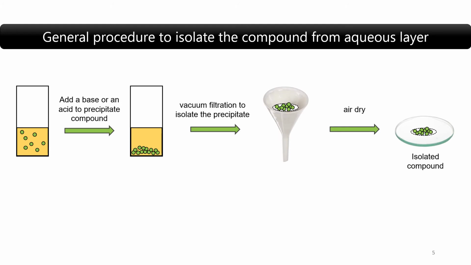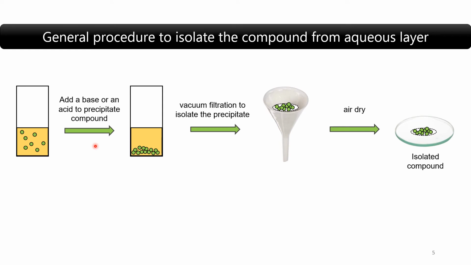Now we're looking at the general procedure to isolate the compound that was in the aqueous layer. So if we had made this compound water soluble by following a chemical reaction, if we had added an acid in the beginning to make this water soluble, now we would add a base to reverse that reaction. If we had added a base in the beginning to convert this compound to a water soluble form, now we would add an acid to reverse that reaction.